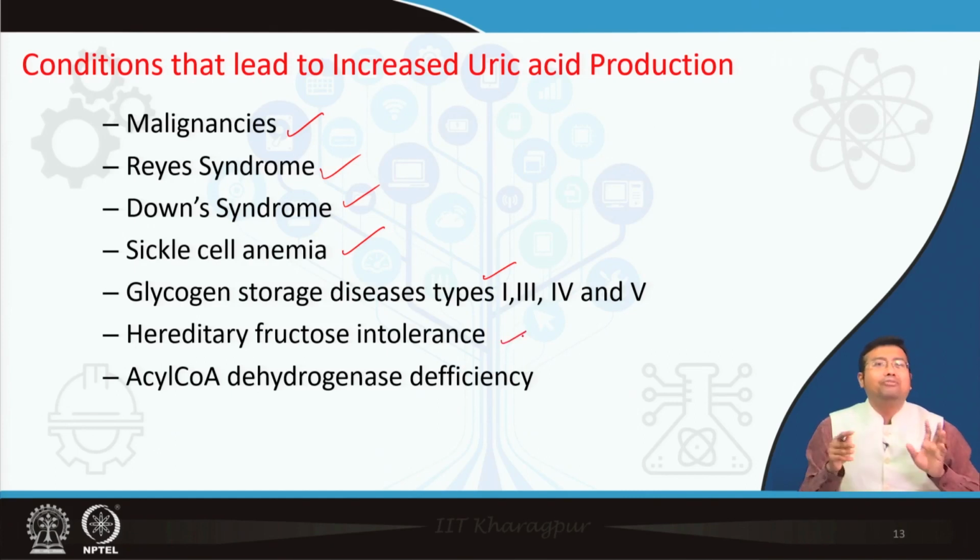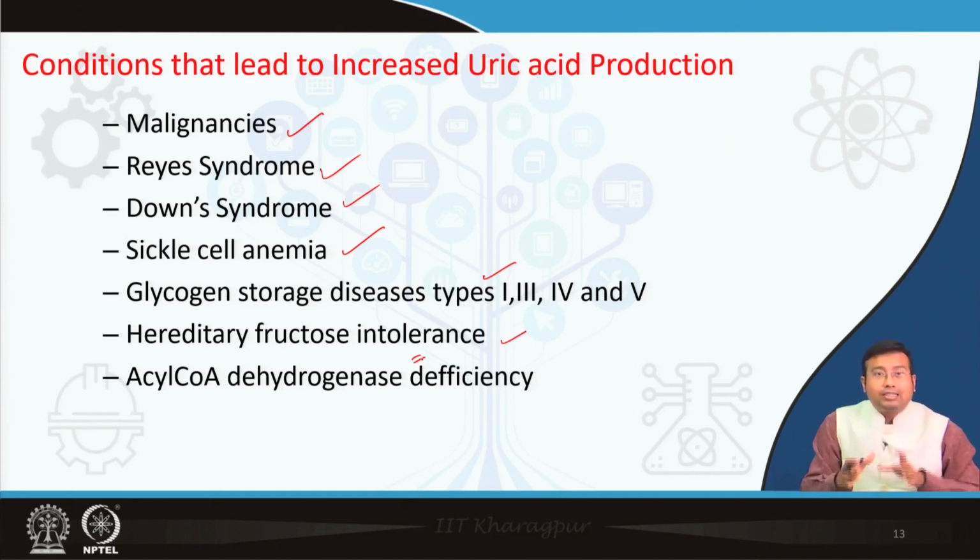Next, again, hereditary fructose intolerance. What happens? In hereditary fructose intolerance, the enzyme that is deficient, that is your homework. You should be able to tell us by now what is the enzyme that is deficient in hereditary fructose intolerance.